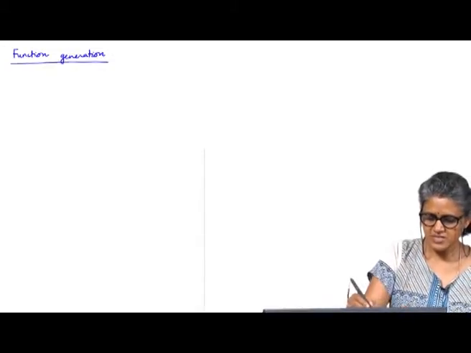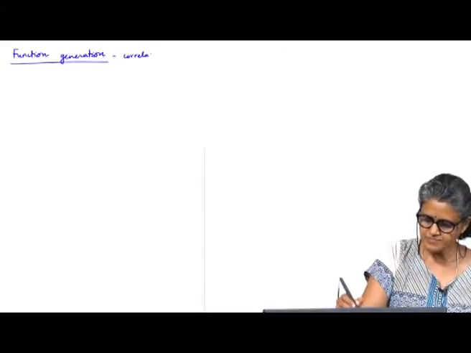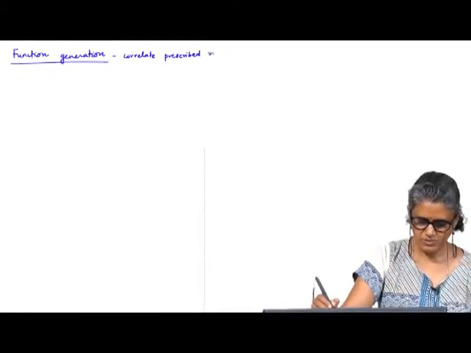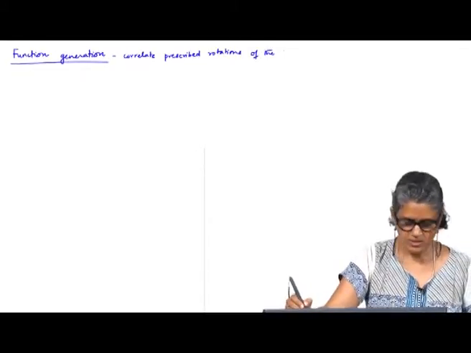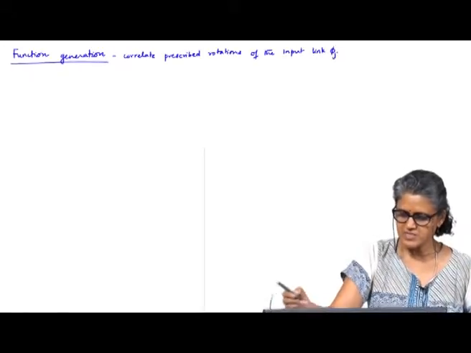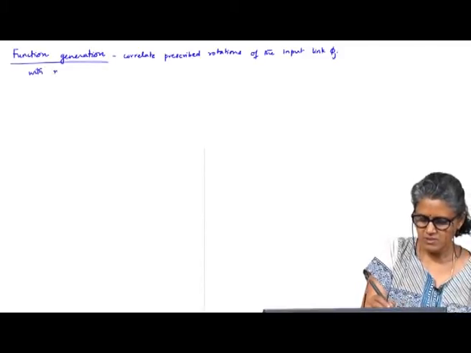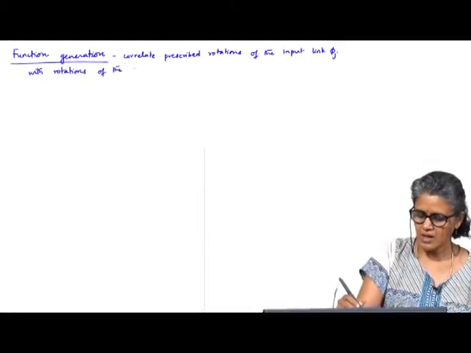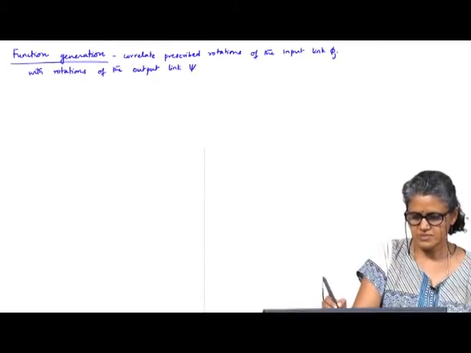Okay. So function generation, what we are doing is we want to correlate prescribed rotations of the input link phi j with rotations of the output link psi j.